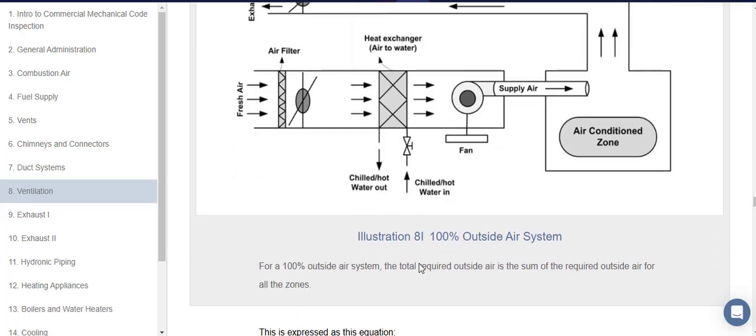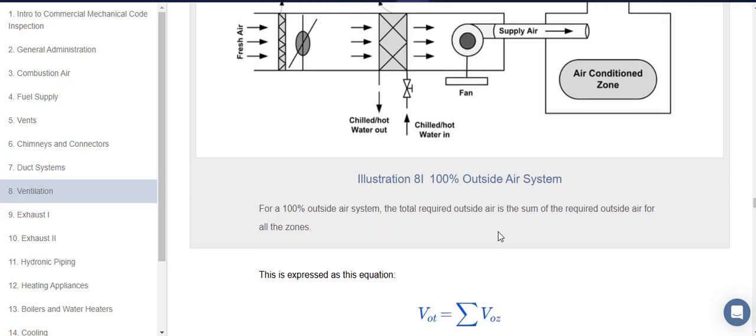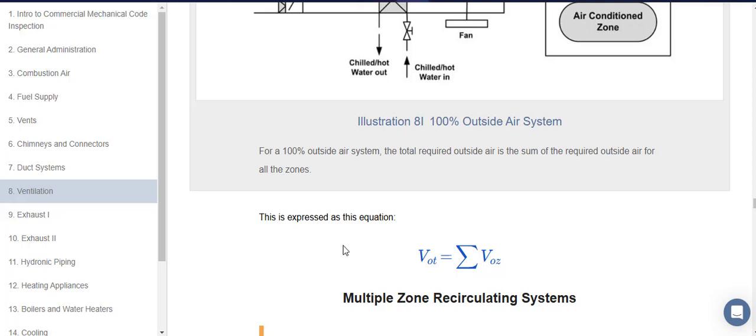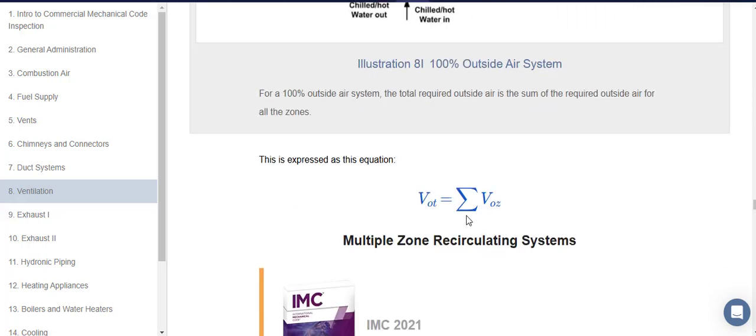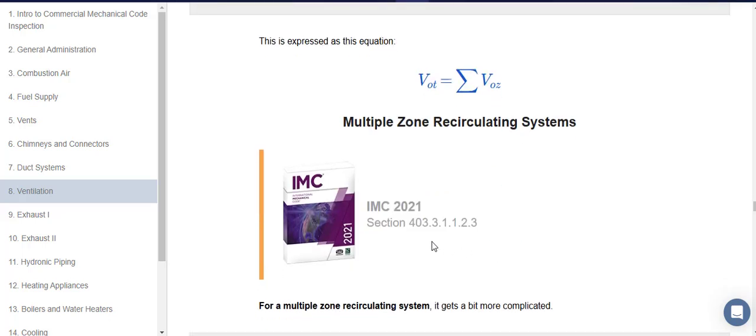This is a 100% outside air system. For a 100% outside air system, the total required outside air is the sum of the required outside air of all zones. This is expressed by the equation Vot equals the summation of Voz.